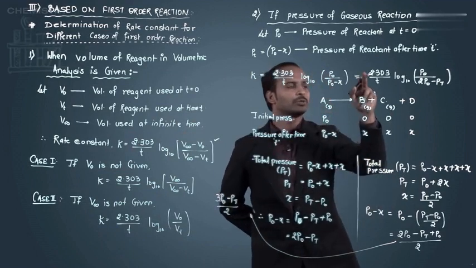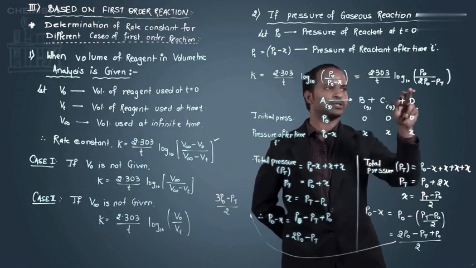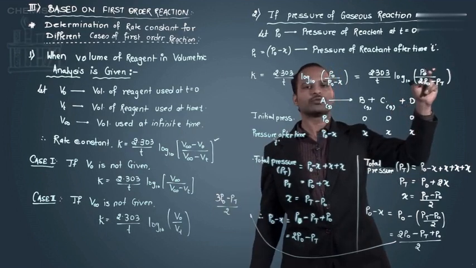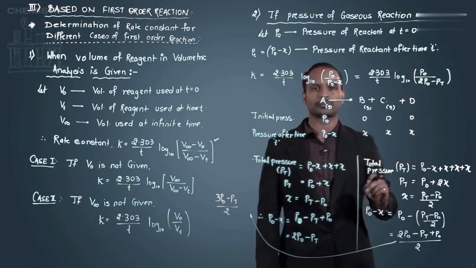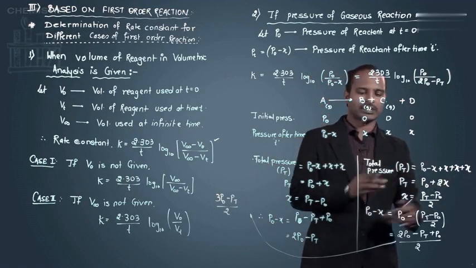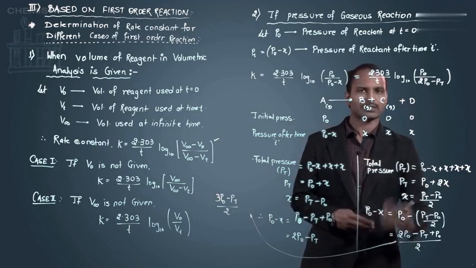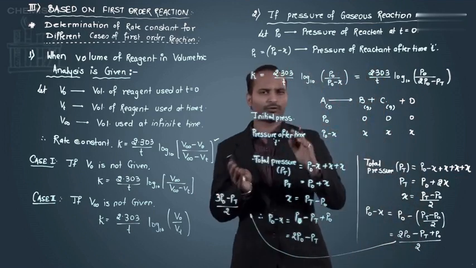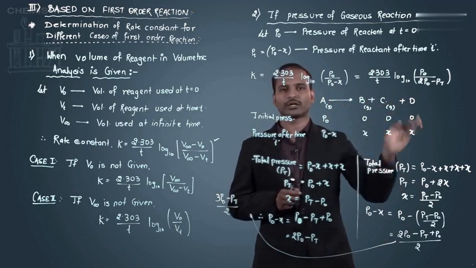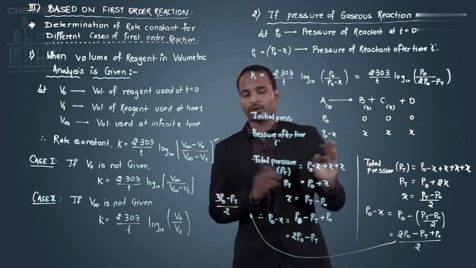So now in the formula, if three products have been formed, what will be the formula? It is going to be 2.303 upon T log to the base 10 of P naught upon (3P naught minus PT) upon 2, and then 2 will come to the numerator. So it will become 2P naught upon 3P naught minus PT. If one more component is given, then again you have to calculate P naught minus X. Similarly, for whatever the number of components forming, on the basis of that we can make a formula if the pressure is given for pressure based questions.